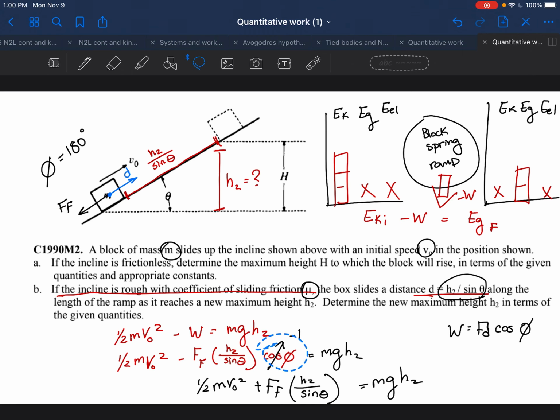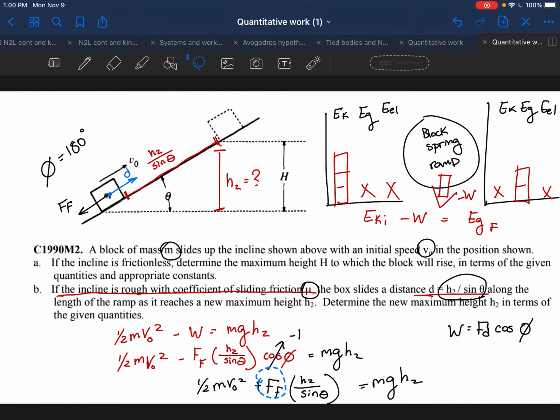So that becomes -1. So this becomes positive, and we have 1/2 mv squared plus the force of friction times the distance h2 over sine of theta equals mgh2. Now the problem was that we're asked to determine the new maximum height in terms of the given quantities, which are going to be m, v0, mu, and theta. Ff, or the force of friction, is not a given quantity.